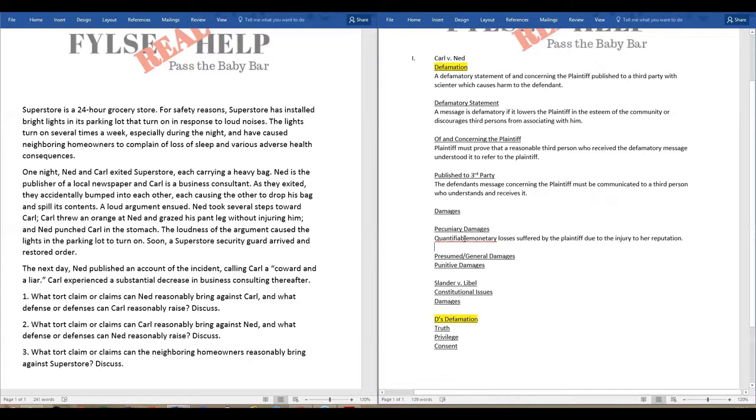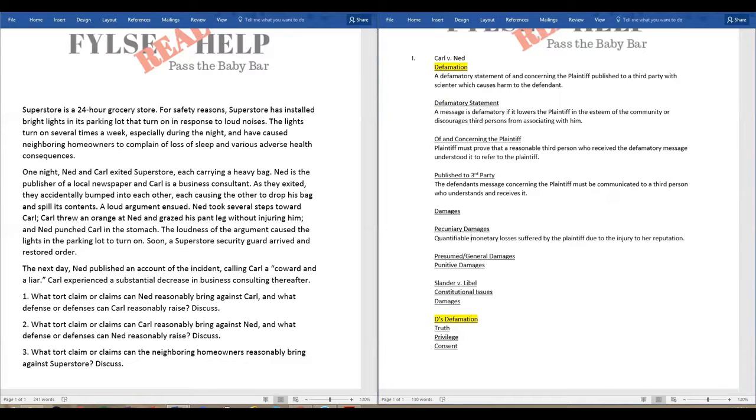And these kind of damages are things like a loss of customers, a loss of job, any other diminishment in your economic advantage. Here we're told that Carl experienced a substantial decrease in business consulting. And so pecuniary damages specifically speak to this: a quantifiable monetary loss due to the injury to his reputation.